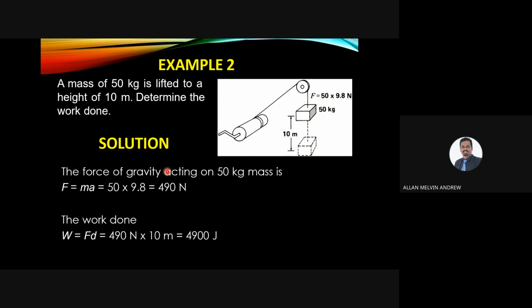The force of gravity acting on the 50 kilogram mass is F equals ma, so 50 times 9.8 equals 490 Newton, and the work done is W equals Fd. So F is 490 Newton and d is 10 meters. The work done is 490 Newton times 10 meters, which is 4900 joule.